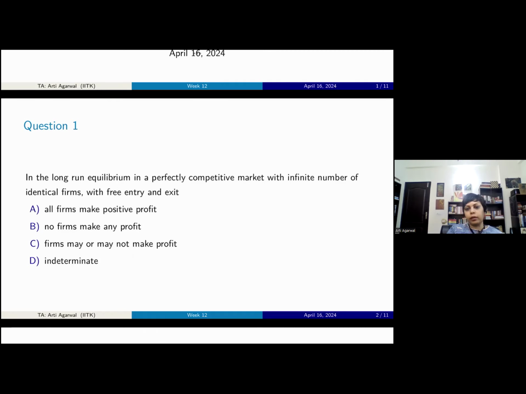It's a non-negotiable assumption. If there are some entry barriers or exit barriers to firms, then the whole character of perfect competition changes. It doesn't remain perfect competition in that sense.